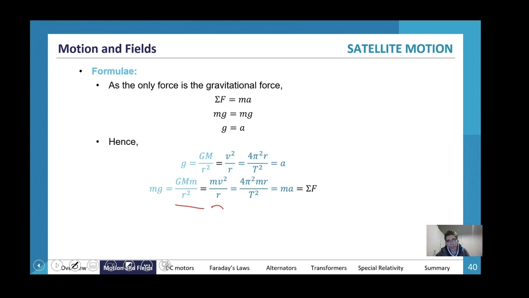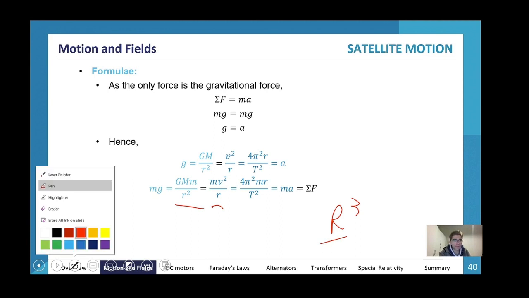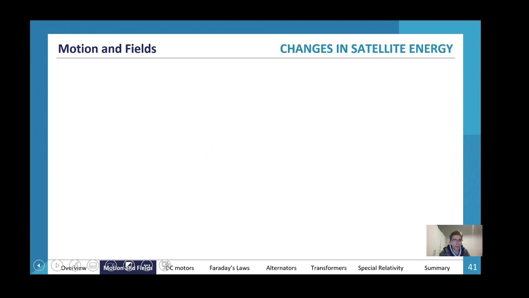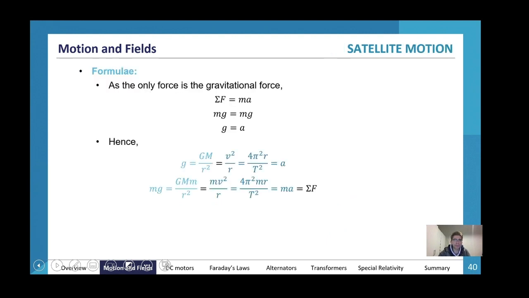If we simplify that, we get Kepler's law: r cubed on T squared is equal to GM on 4 pi squared.